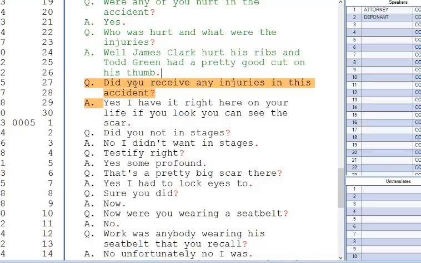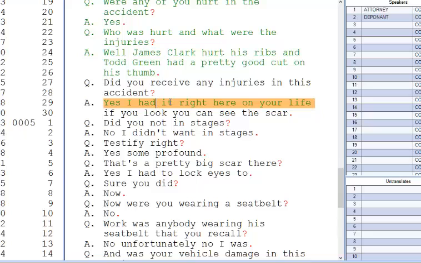Hugo, did you receive any injuries in this accident? Echo, yes, I had a cut right here in my hairline.